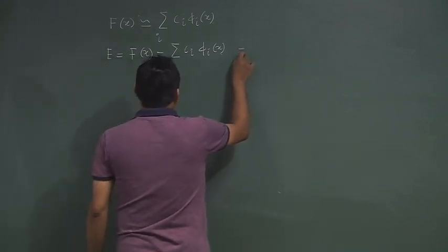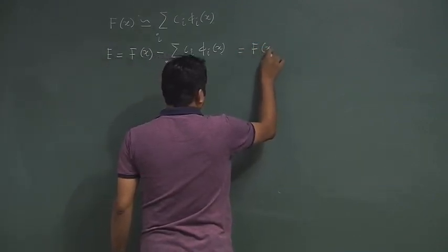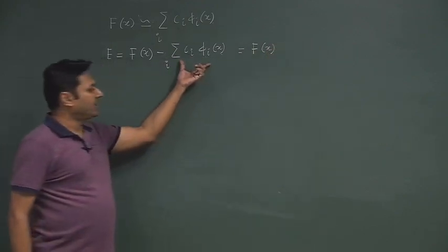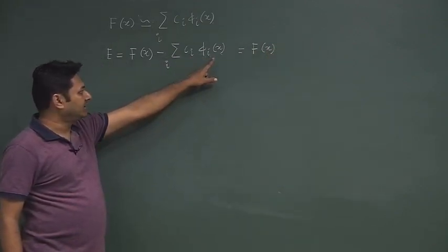So, let me write this function f(x), and we have another function which is a linear combination of these things.